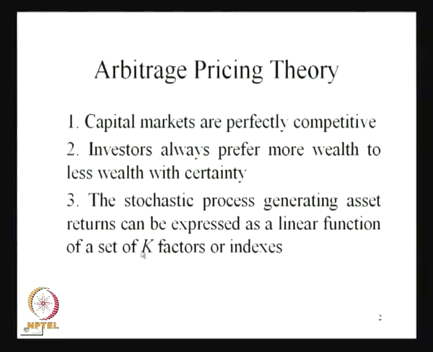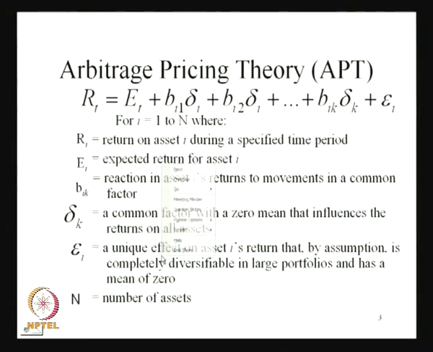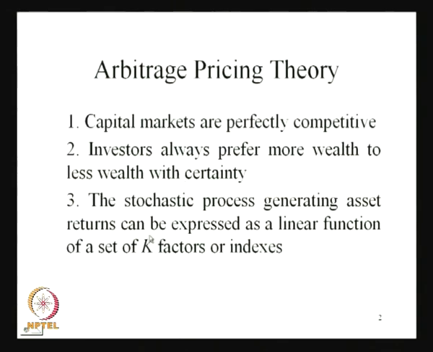Some other factors also play a significant role. In the assumption, we refer to these other factors as the k factors, the k number of factors which affect the stock returns.